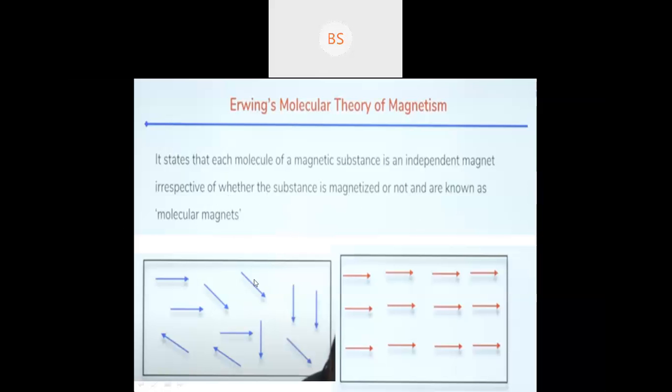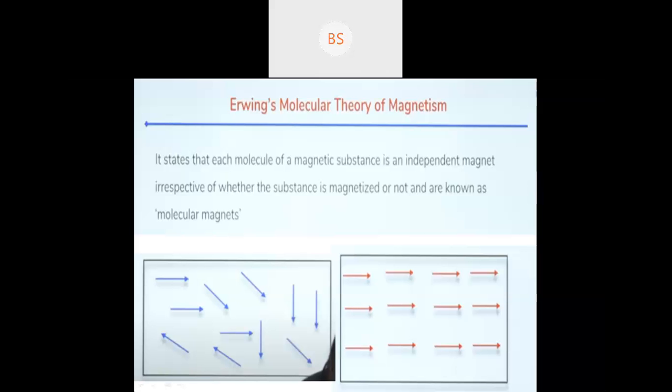To understand this, I will take one example. We can take the example of an iron rod. Iron rod is a magnetic material, but without magnetic induction it does not behave as a magnet.